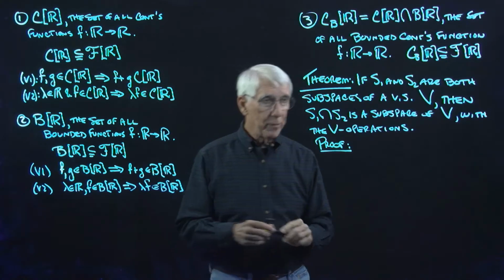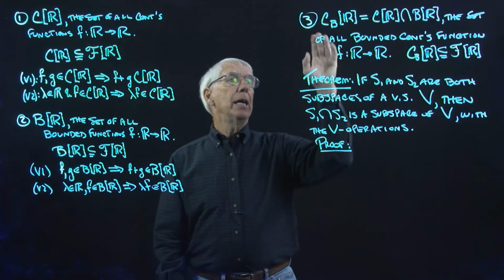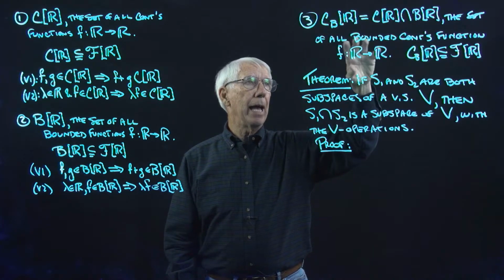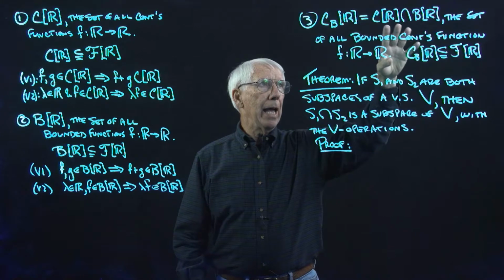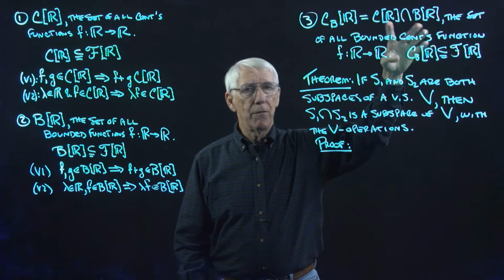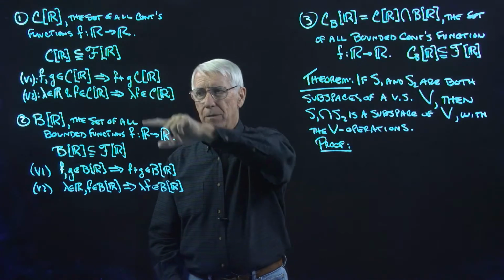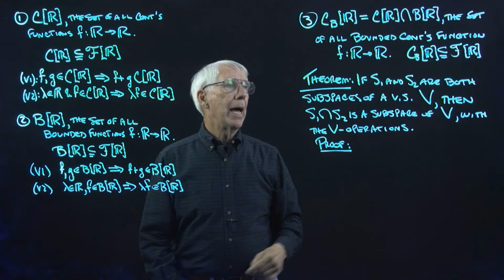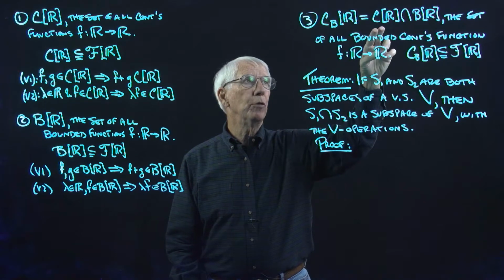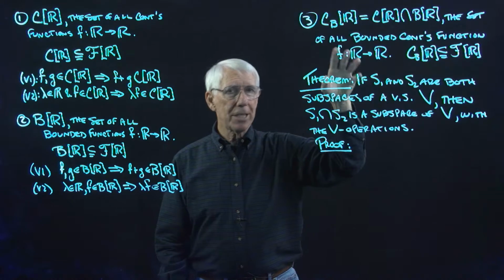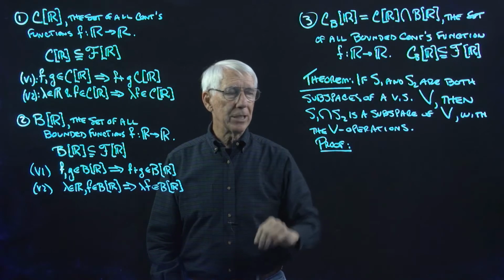But again, before proving it, let me emphasize, here I've got a pair of vector subspaces of F of R, and I'm suggesting that I could prove that this intersection is itself a subspace, a vector space in its own right.